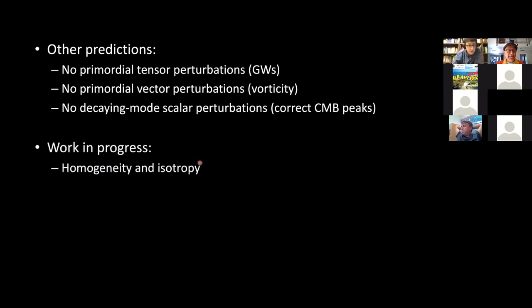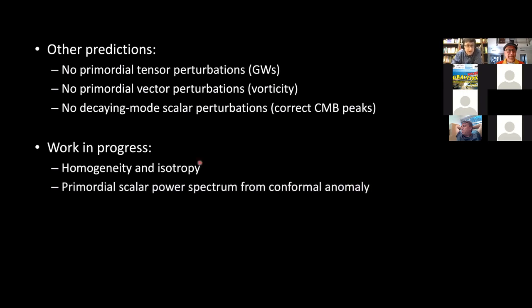Now, what do we not yet claim to explain? Well, first of all, is homogeneity and isotropy. In all the discussion so far, I've been assuming a background which is Friedmann, Robertson, Walker, and once I assume that, the analysis gives self-consistent results about that assumption, but ultimately we would like to explain where homogeneity and isotropy is coming from.